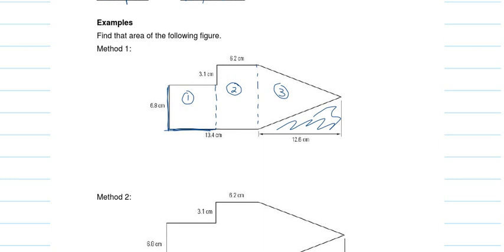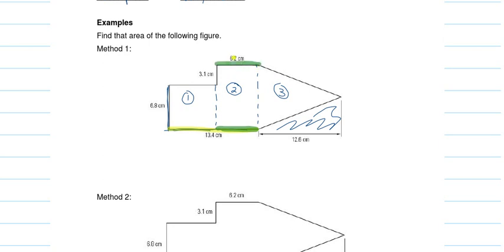And I know that this is 6.2. What does that mean? If this is 6.2, that means the bottom is 6.2 right here, that green one.